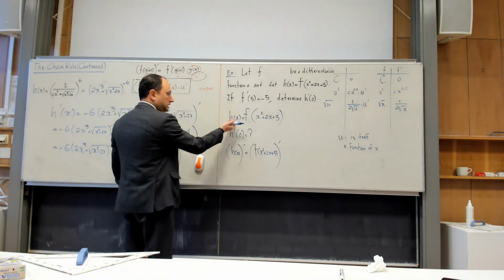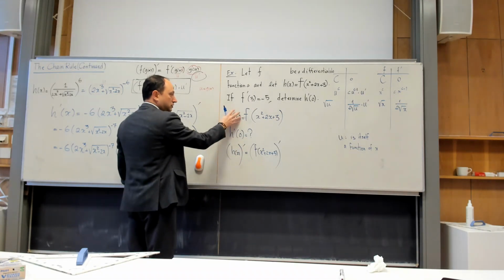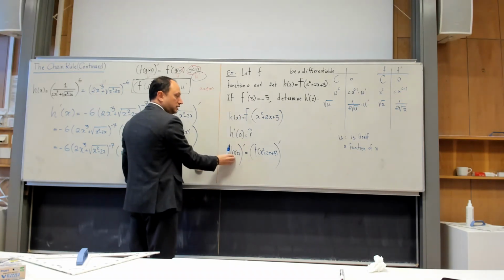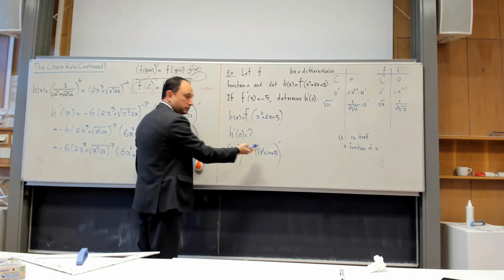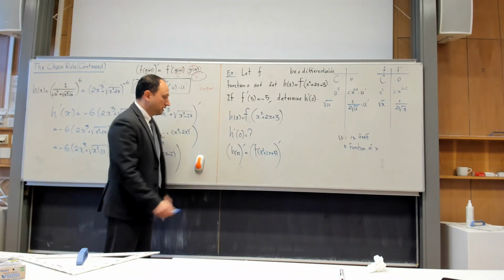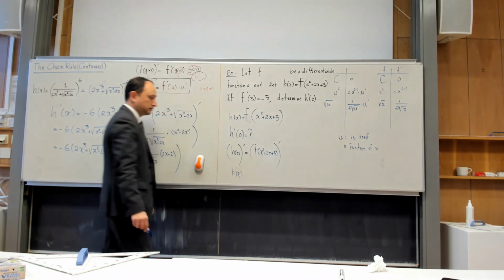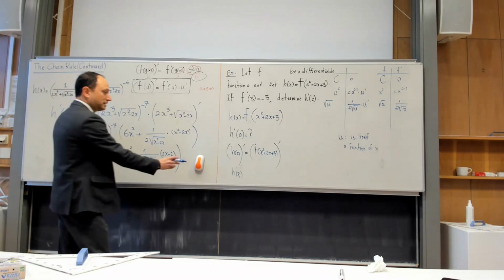Because you are telling me that these two functions are equal, so if I calculate the derivative of the left one, it becomes equal to the derivative of the right one, yes? But now, do you remember, can I write this as h prime of x or no? Do you remember I told you that this is an exception.